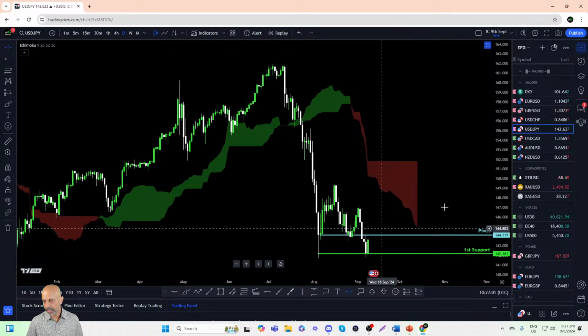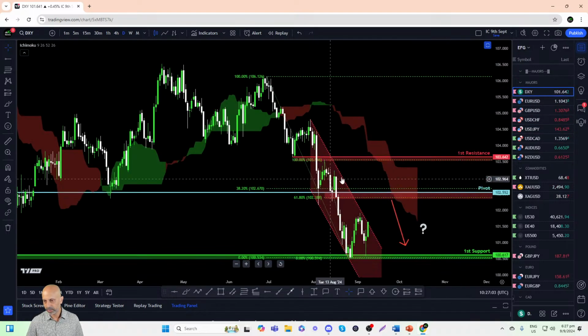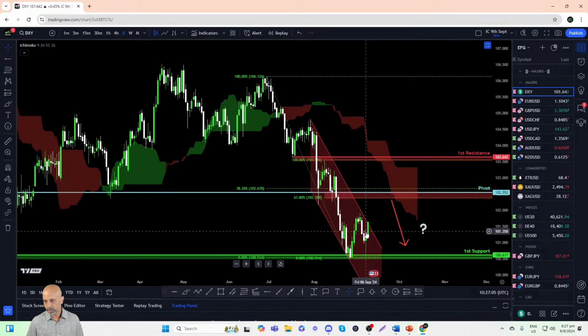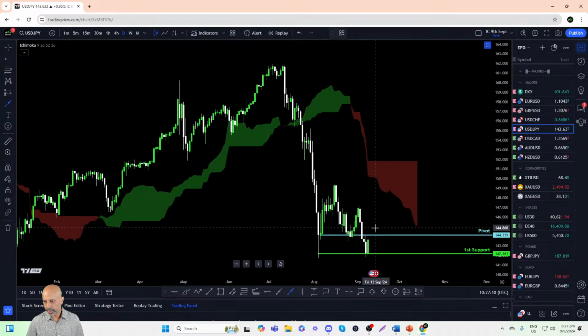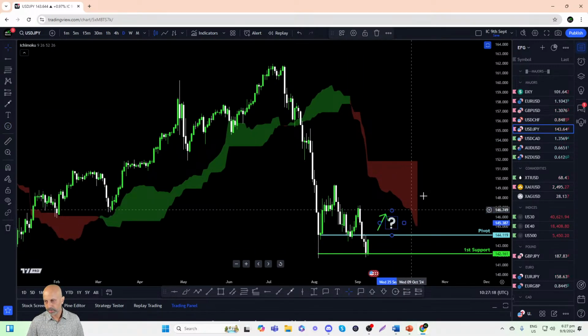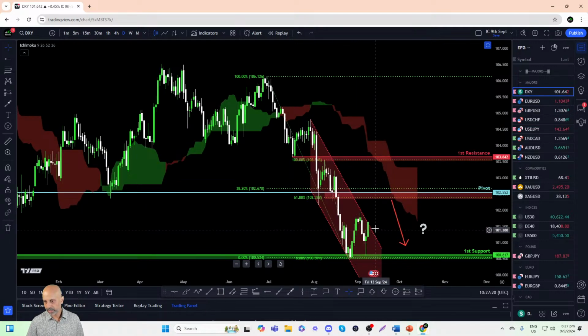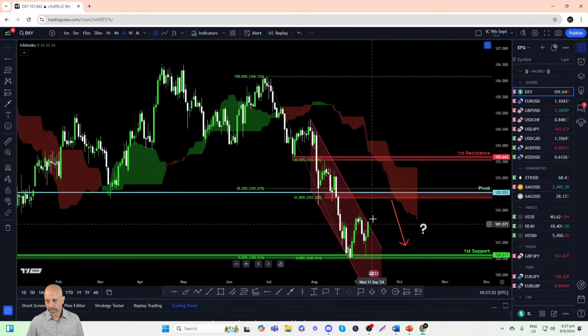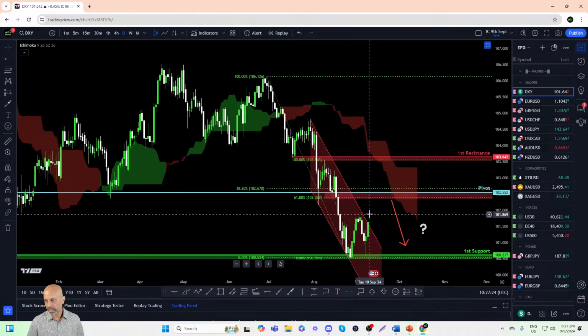Now, if demand for the dollar is strong, if you're expecting a strong bullish breakout to occur through the bearish channel, then for the dollar yen, we can also potentially expect a bullish breakout through the pivot, especially if we see this demand for the dollar remain elevated.